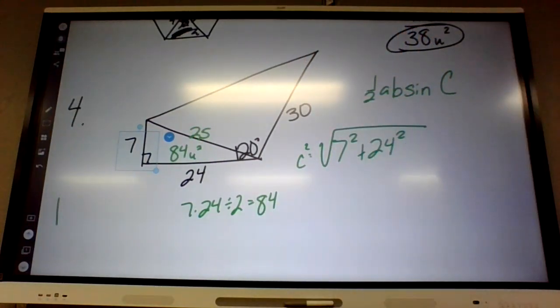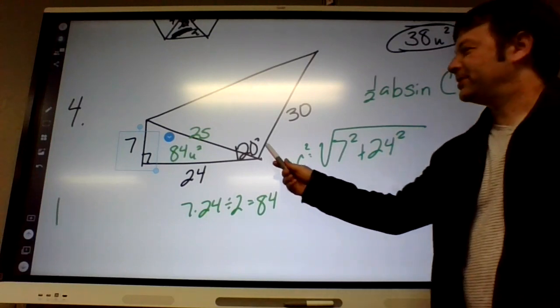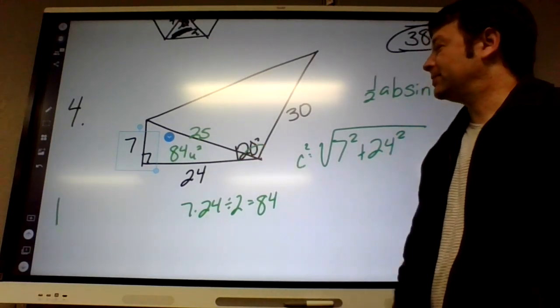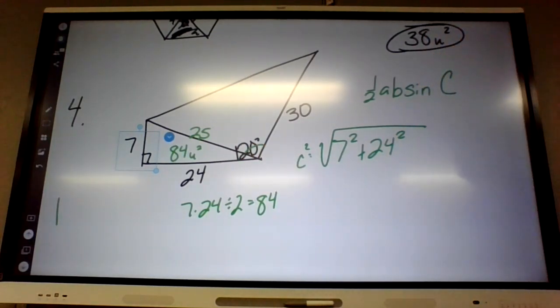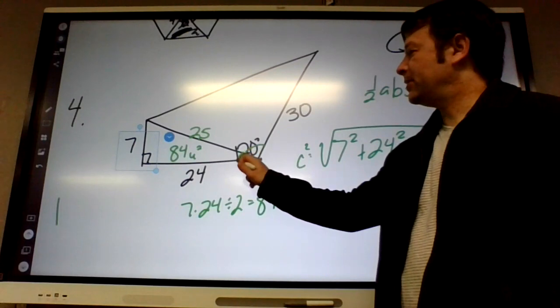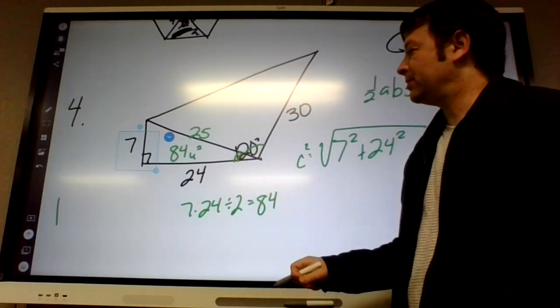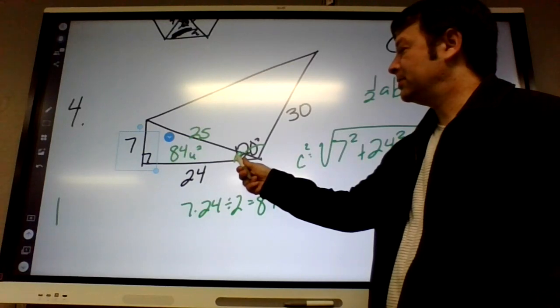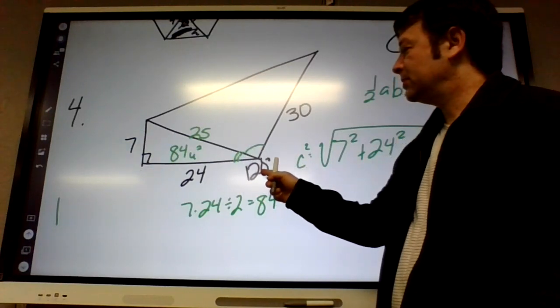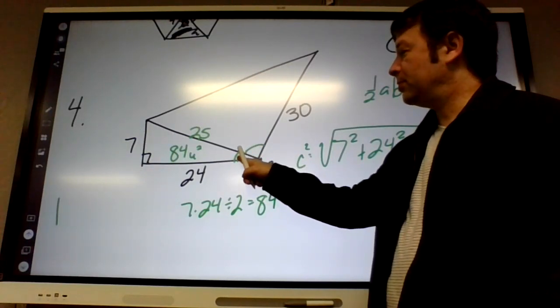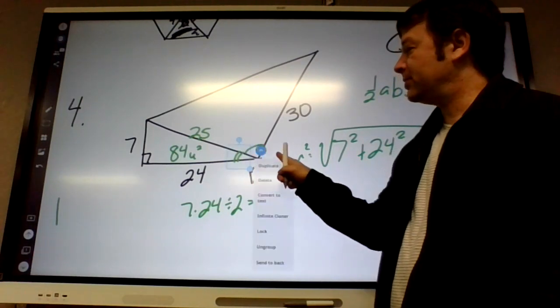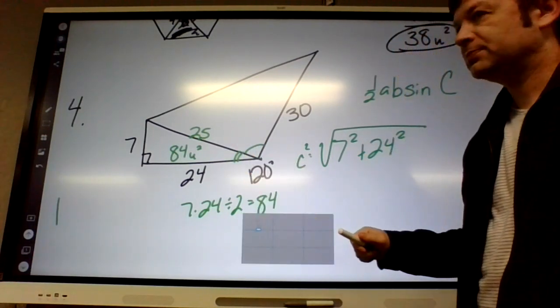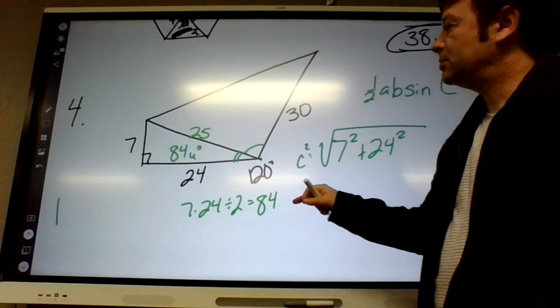25. Alright. How do I find this angle right here? You need to find the other angle. Down here I could find this angle. I don't have enough info for law of sines, but I could find this angle in the right triangle. And then do 120 minus that little angle, and that'll give me that angle. You can use law of sines though, right? Because you have the right angle.